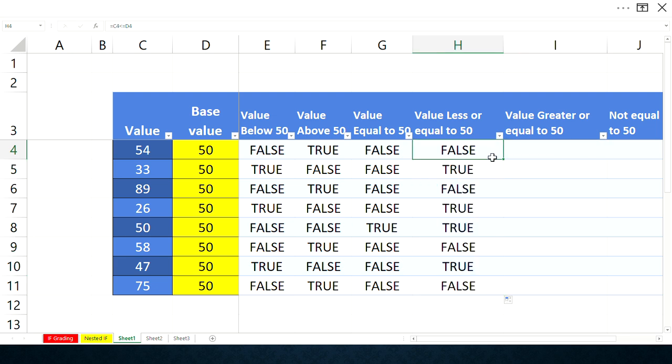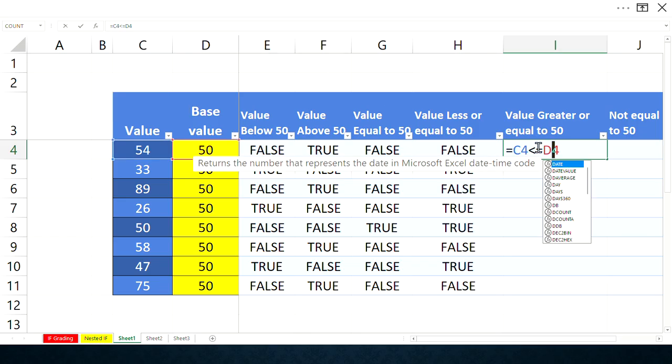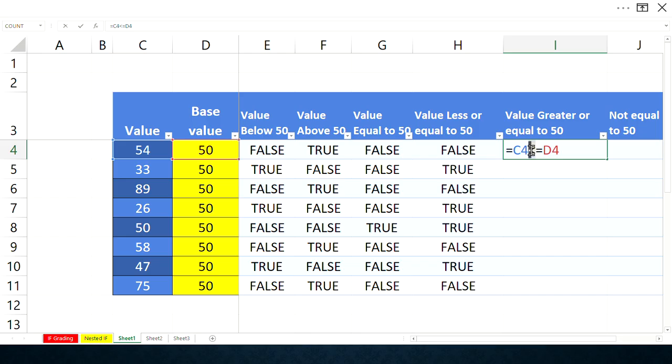Then we go on to do the same, to test whether the value is greater or equal. Is it greater or equal? The test value, is it greater or equal to the conditional value?